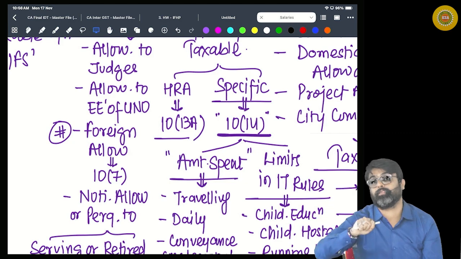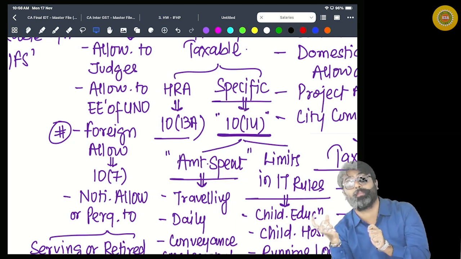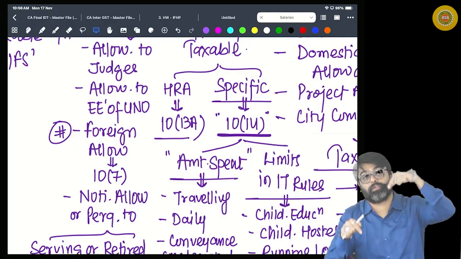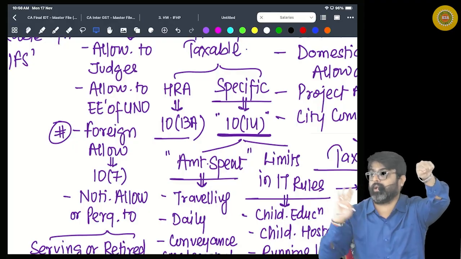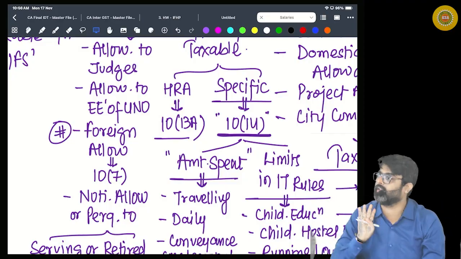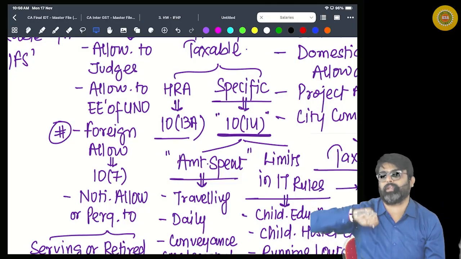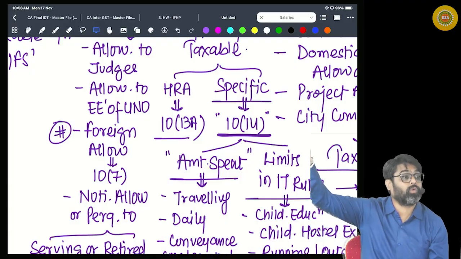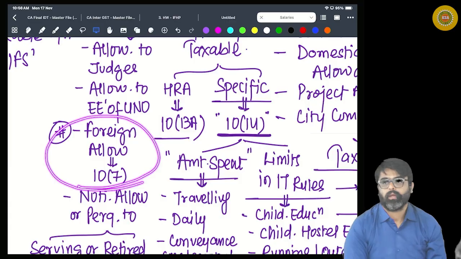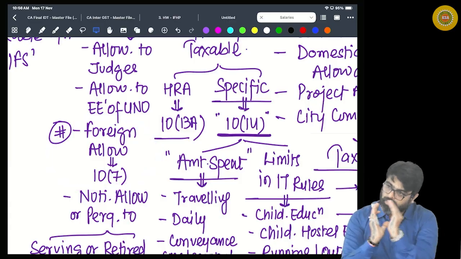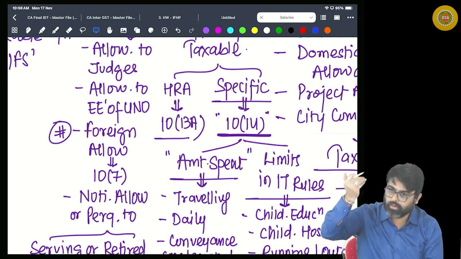You are an Indian citizen rendering your services to your employer who is the government, outside India. For rendering services outside India, you are getting salary outside India. That salary is taxable under this head. But along with the salary, you will be provided perquisites and allowances there. Those are known as foreign allowances, which will be fully exempt under section 10(7). So out of the fully exempt category, remember only this. Yes or no? No need to remember anything else.